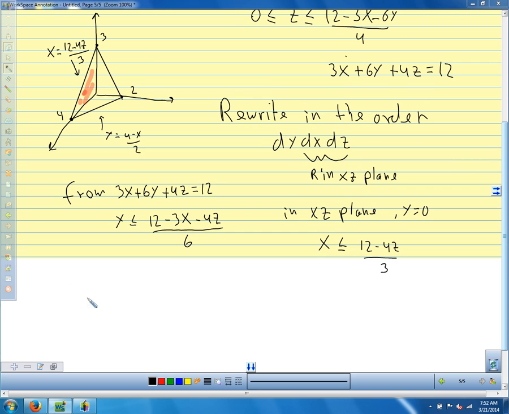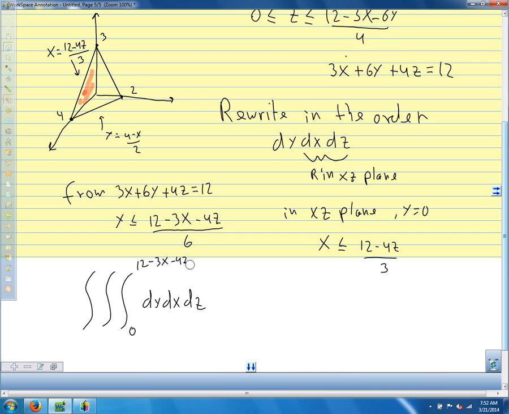We can say our volume, and I'm going to put my three integrals here where our order is going to be dy, dx, dz. So y is going to vary from 0 to 12 minus 3x minus 4z over 6.